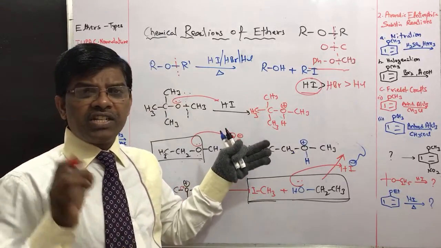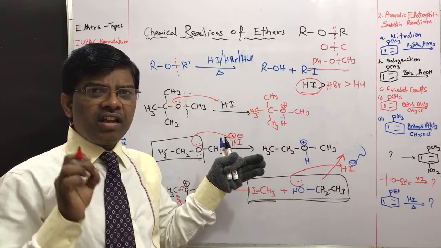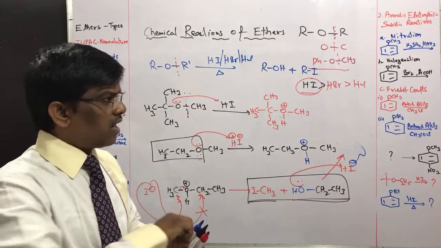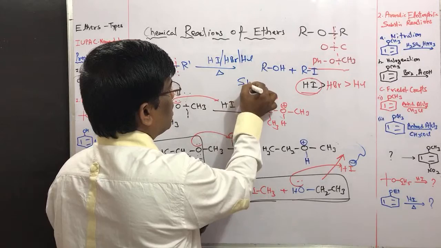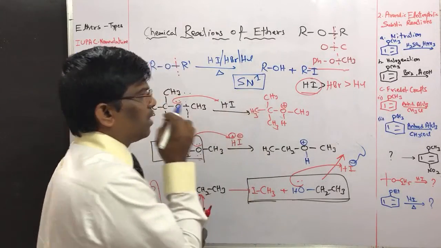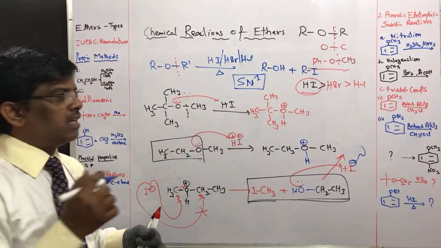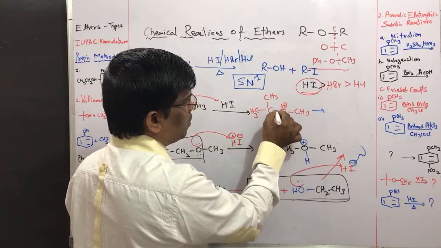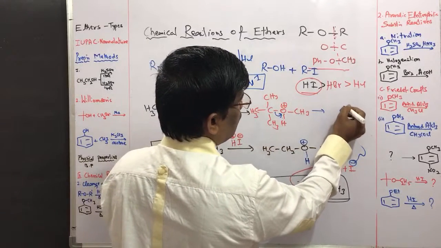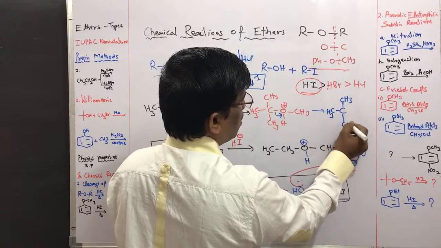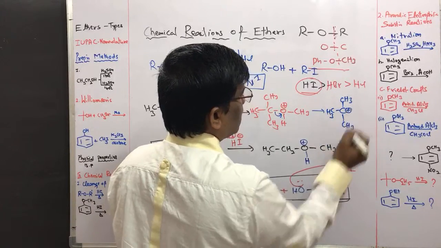Is it possible for tertiary compounds to undergo SN2 or SN1 substitution? SN1. Right? So SN1 substitution takes place. At this stage, what is going to happen? It will be easy to lose this and form the tertiary carbocation, which is a stable carbocation.